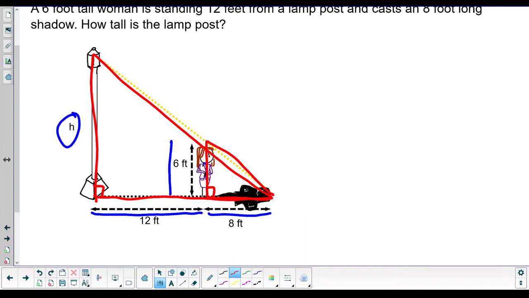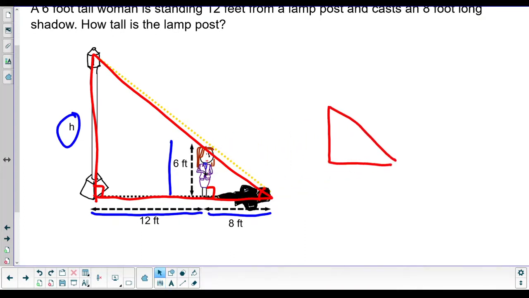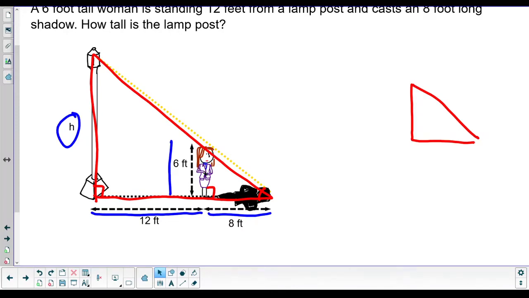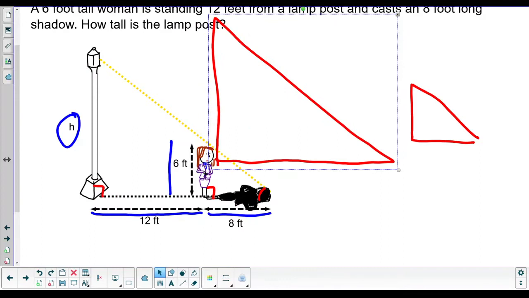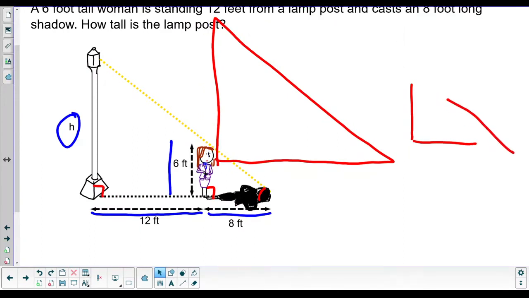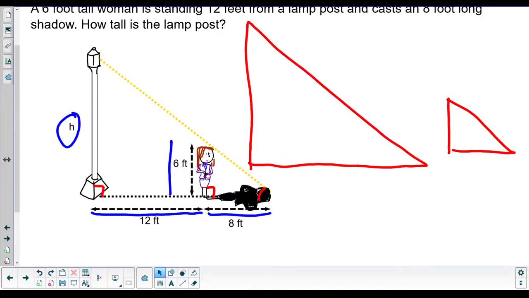And then because these angles are literally the same angle, we can say that these 2 triangles are similar. Okay, that should be something that you learned a long time ago in like geometry or something. Come on, why did my triangle break apart? All right, so we've got these 2 similar triangles.